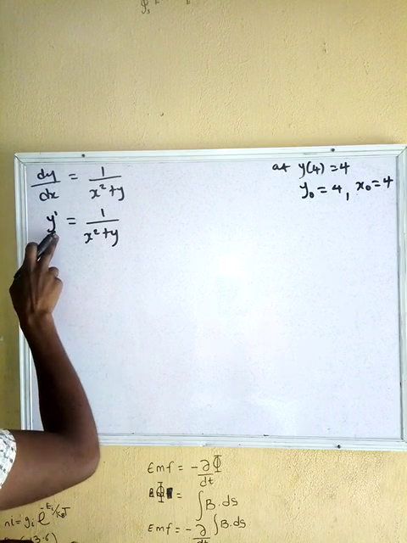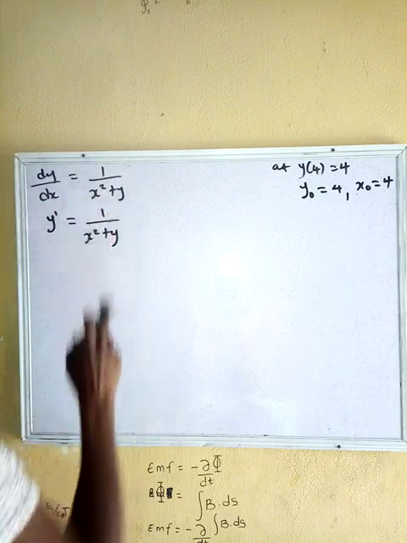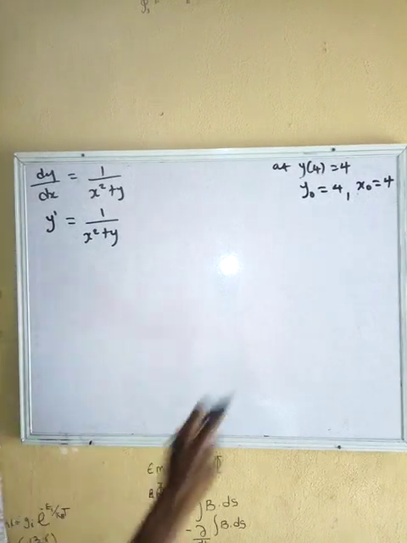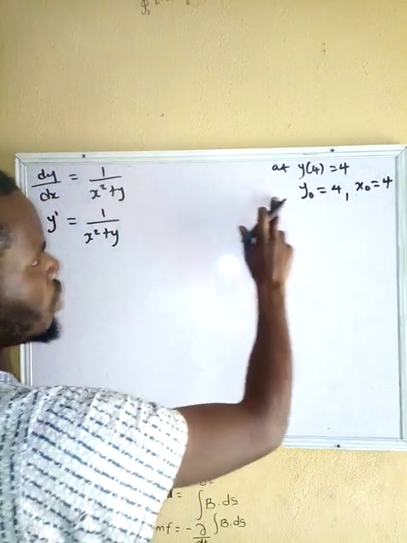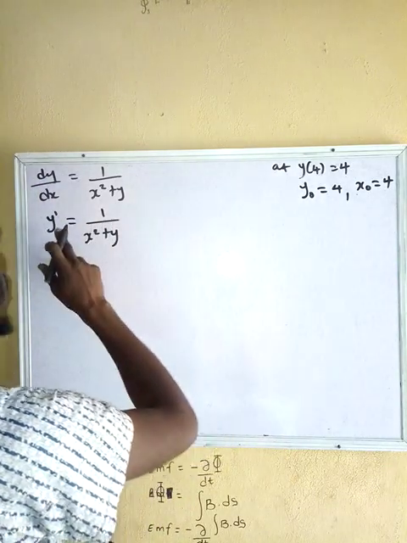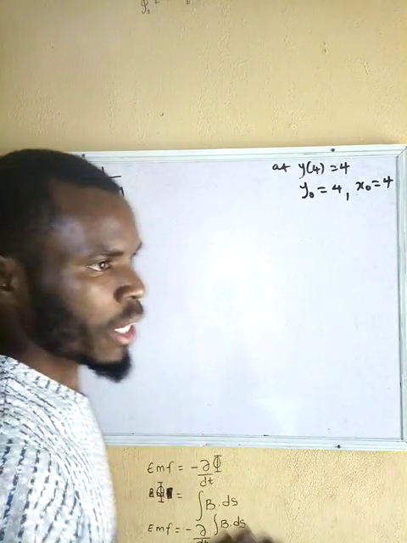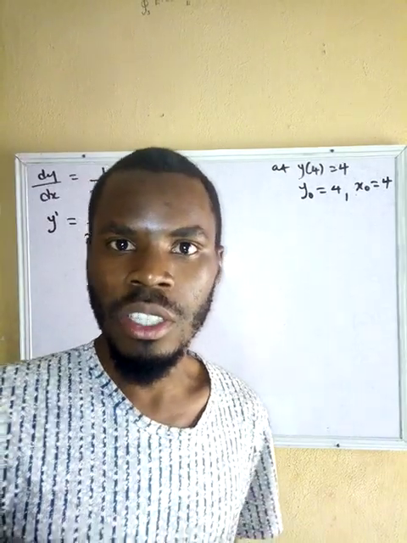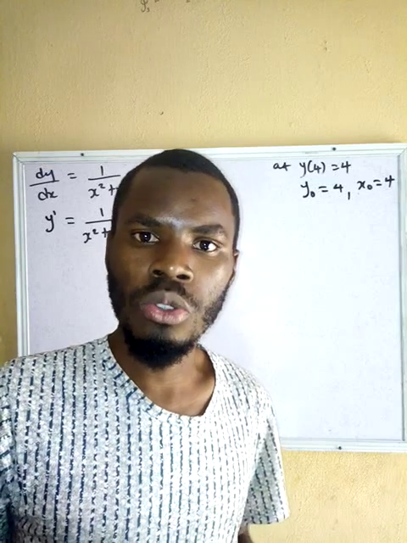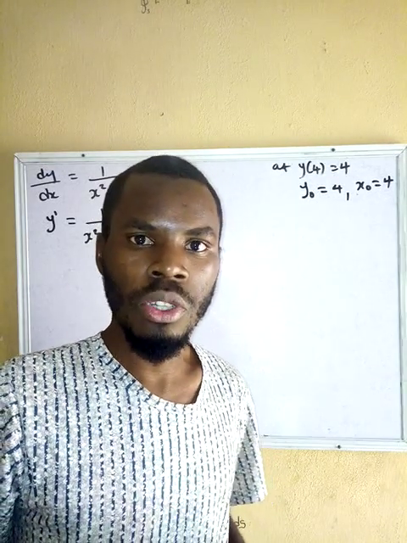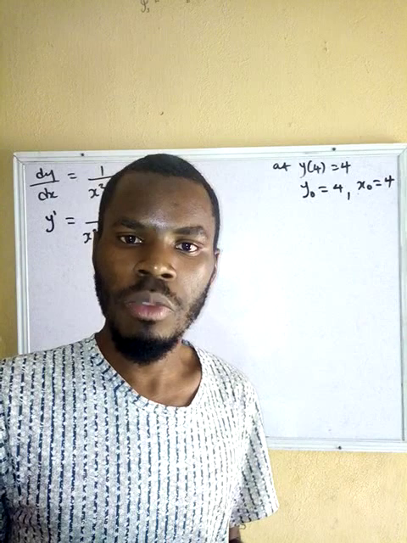But don't forget, with this initial condition, we need to slot this initial condition in order to get our y prime. Now, our y prime of x naught is a numerical solution, meaning that the value is going to be a number.